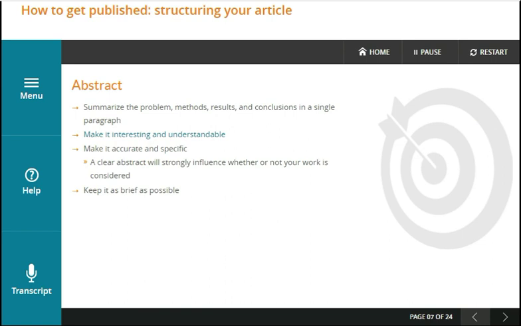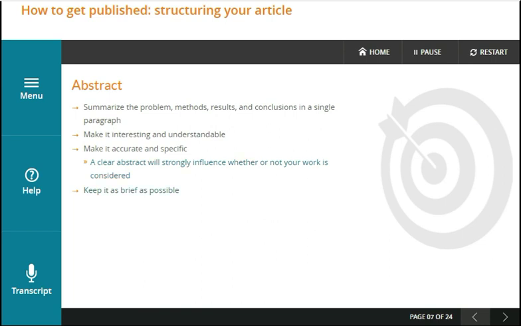The abstract acts as an advertisement for your article, since it is freely available via online searching and indexing. You want to make it as catchy and accurate as possible to have the greatest impact. An abstract written clearly will strongly encourage the reader to read the rest of your paper.